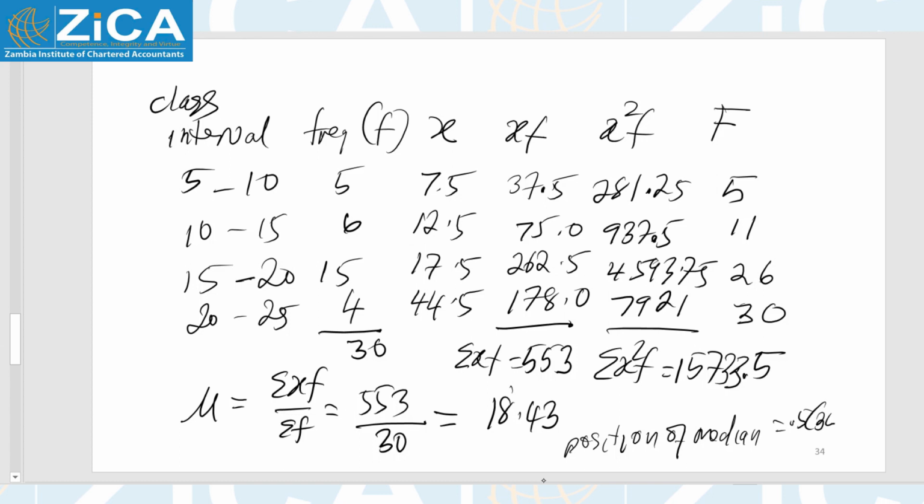Our n there is 30. So this will give us 15. So we ask ourselves, where does 15 fall? It falls where there is 26 here. That is where the median lies. So this will be what they call the median class interval.